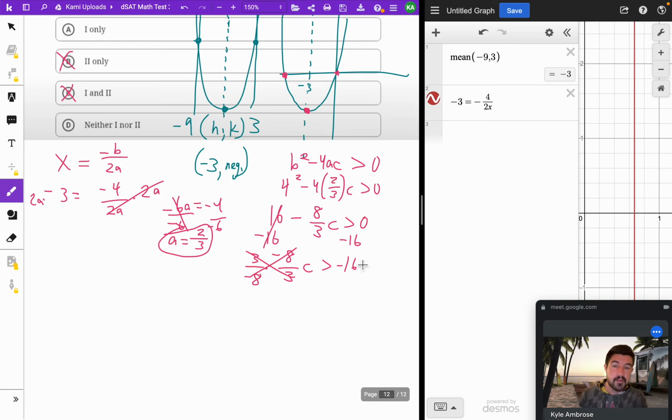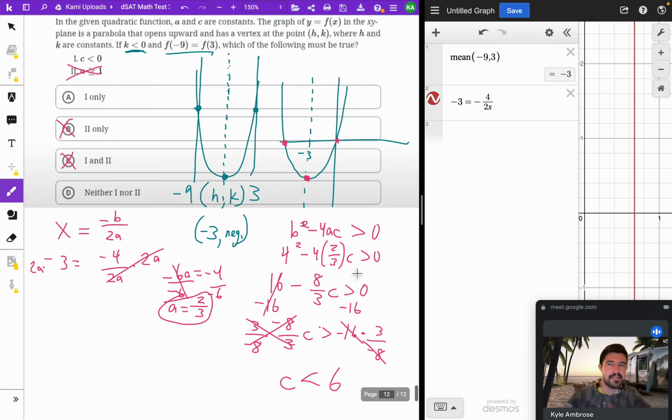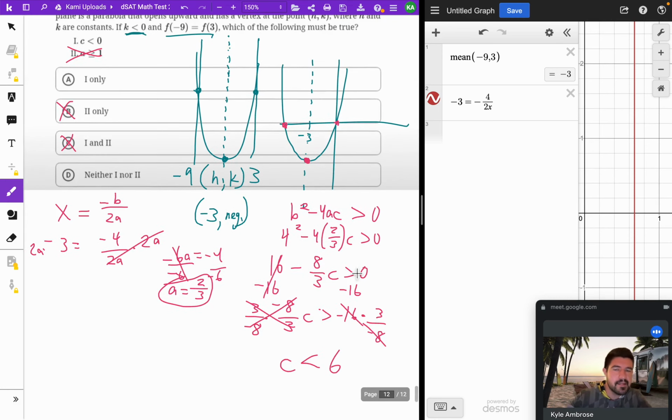These cancel. Multiply by the reciprocal. And whenever I multiply or divide by a negative with inequalities, the sign flips. These cancel to become positive 2, and 2 times 3 is 6. So it should be that c is less than 6.